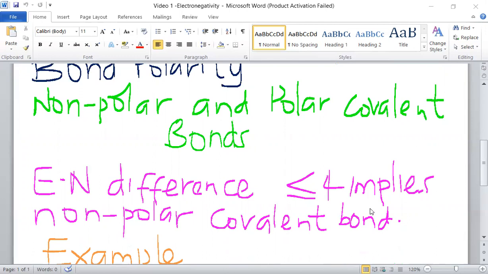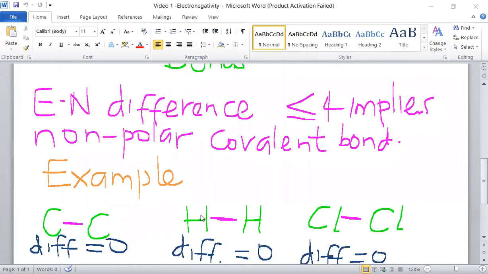For example, when carbon is bonded to another carbon atom, carbon has an electronegativity value of 2.5. And so the electronegativity difference between two carbon atoms will be 2.5 minus 2.5, which is 0.